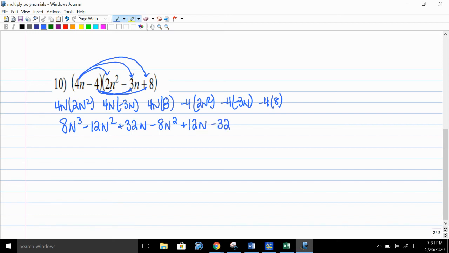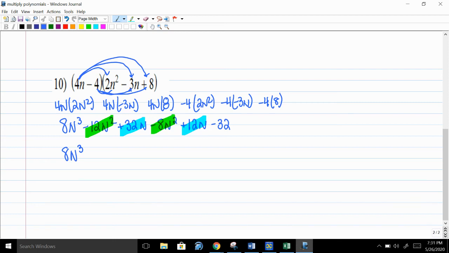And then just make sure you combine your like terms. So I got like terms there and there with the n squareds, and then I got like terms with the n's. The 8n cubed, there is no other n cubed in the problem, so that's going to start. Remember, descending order.